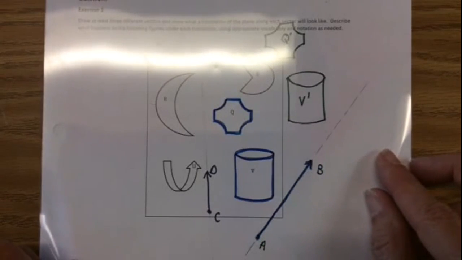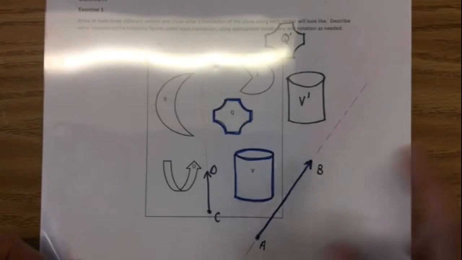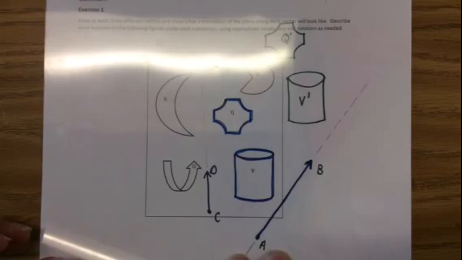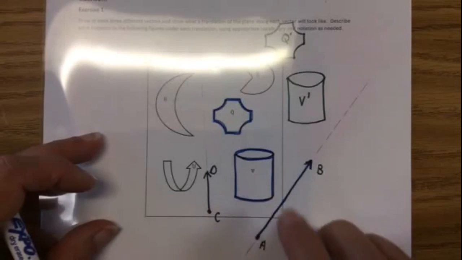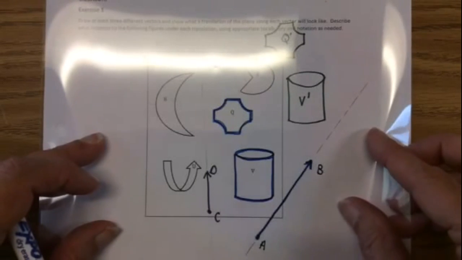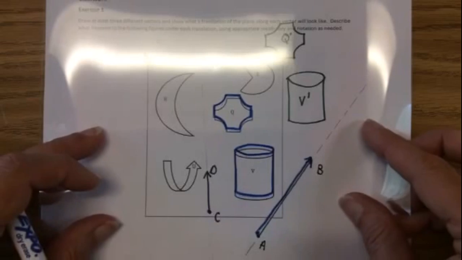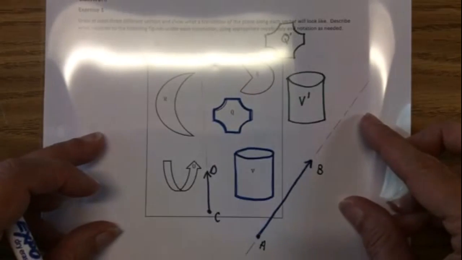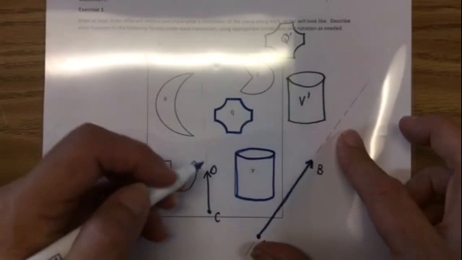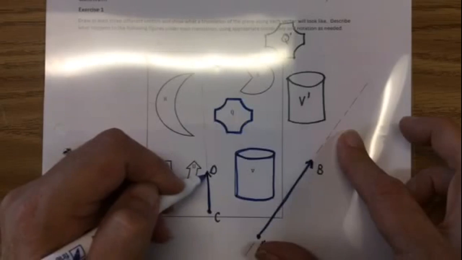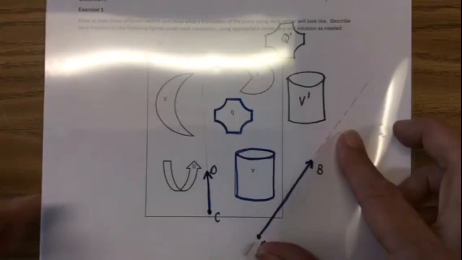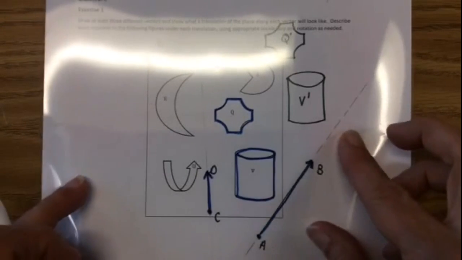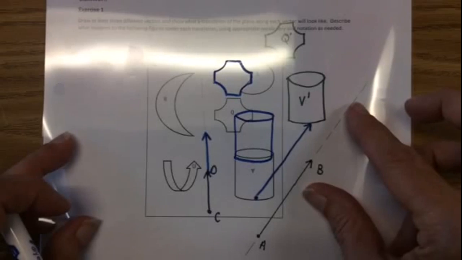Okay. I'm going to line these things up. So what if I translate V and Q by DC? Oh, I have to draw my vector first. They're already traced, but let's trace my vector so I know how far to go. Okay, and I'm going to translate right there.